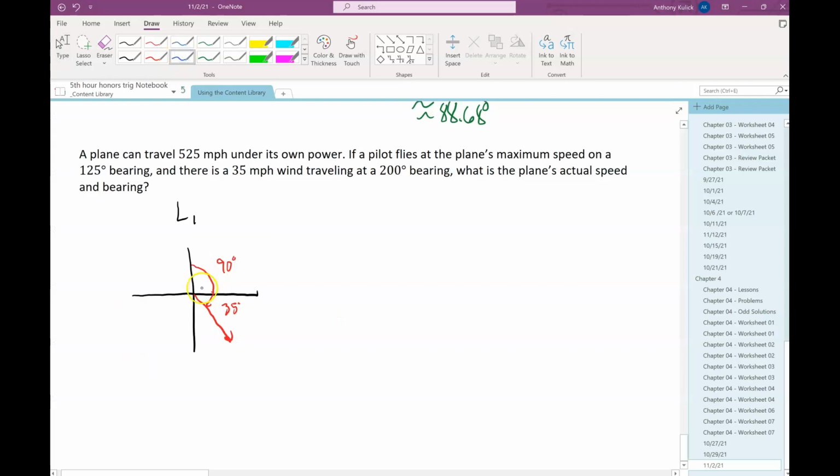So my standard position angle is 90 plus 55, so that's going to be 305. The speed here is 525.